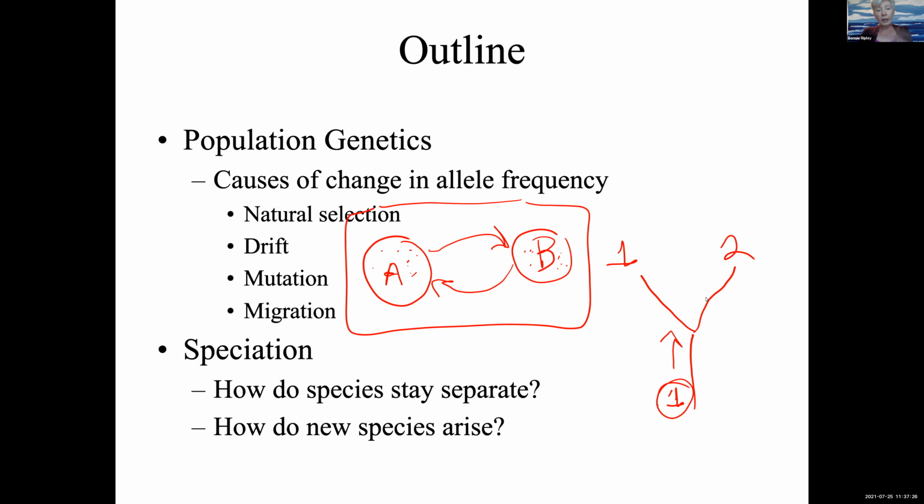If they're completely well mixed, we're going to say that they're all one population. But if there's some separation between them, we're going to say they're two populations. If they're completely cut off from one another, with no mixing, no migration, then although they may be the same species right now, they're probably not going to stay the same species into the future.